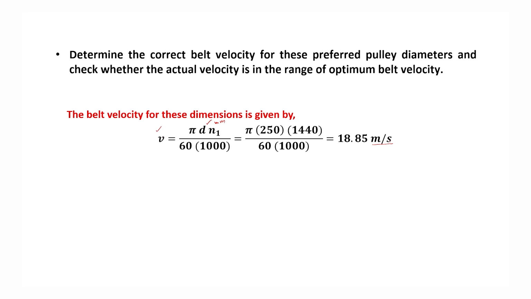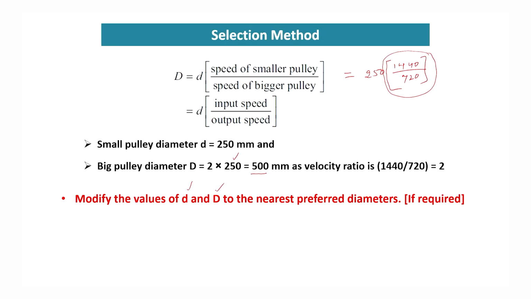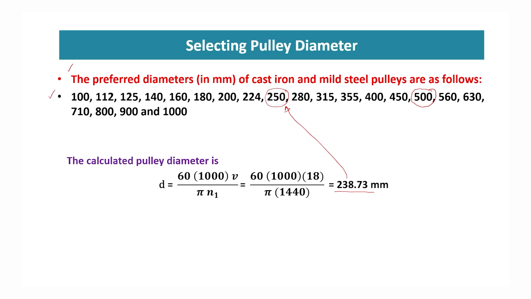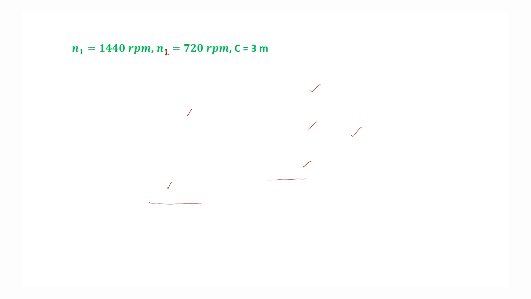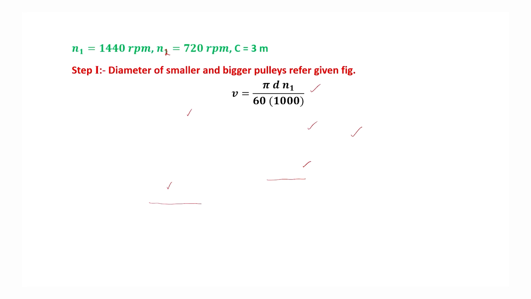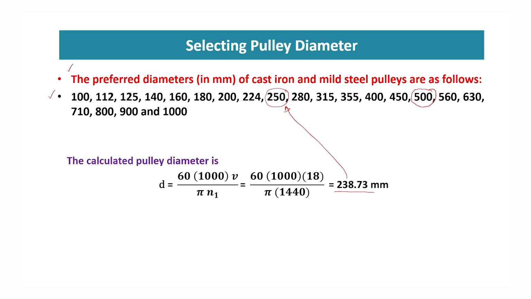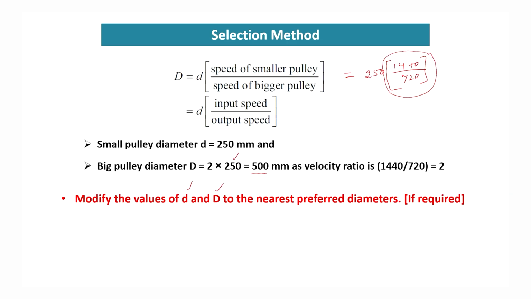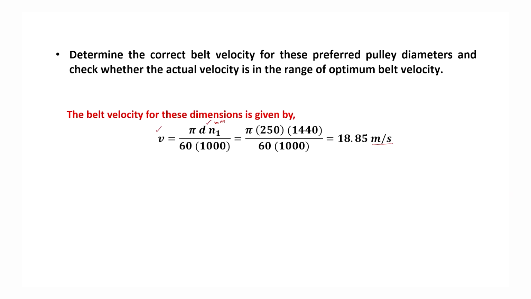And in the first step, we have seen that the preferred range of the belt speed for the Dunlop belt is 17.8 to 22.9. So the obtained belt velocity will be checked whether it is coming within this range or not.